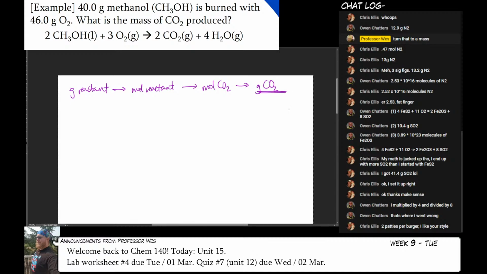And then whichever one of these answers is going to be less, that was the limiting reactant. Okay, so here we go. We're going to take 40 grams of methanol and 46 grams of O2.